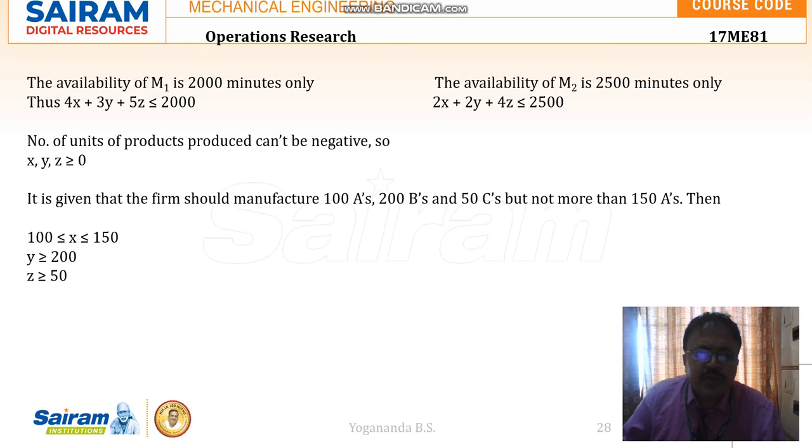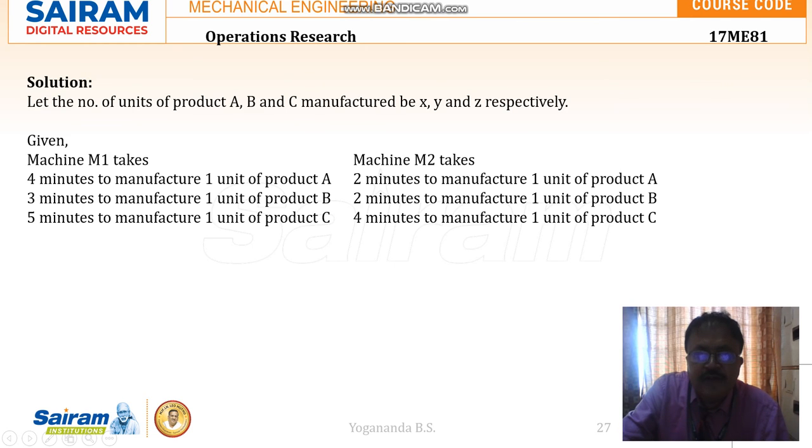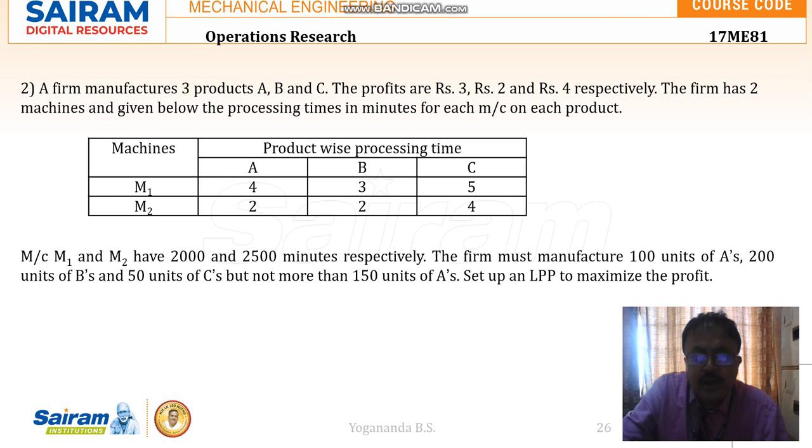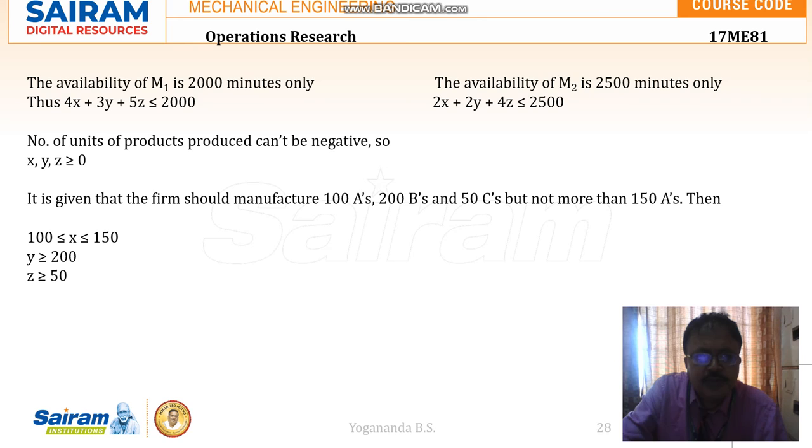The conditions given are that the firm should manufacture a minimum of 100 units of A and not more than 150 A's, so X lies between 100 and 150: 100 is less than or equal to X, less than or equal to 150.